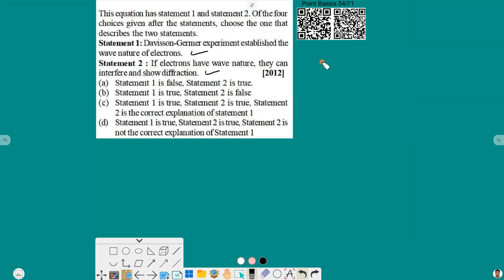So wave nature was shown by the Davisson-Germer experiment, and particle nature by the photoelectric effect. This shows wave nature, and we know that waves can show interference and diffraction. So we can say both of the statements are right here, and statement 2 explains statement 1. So option C will be the right answer.